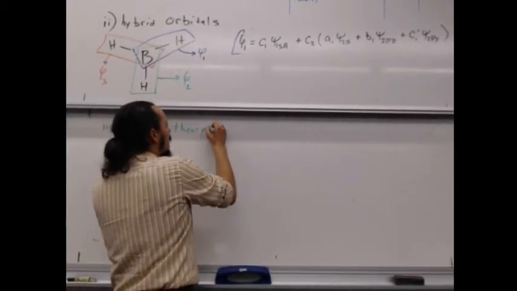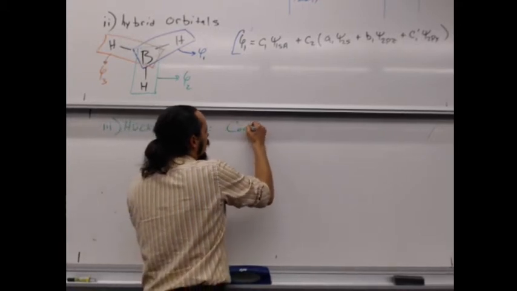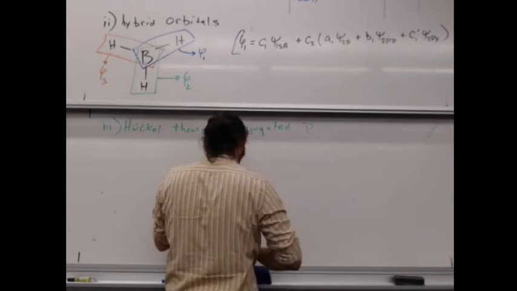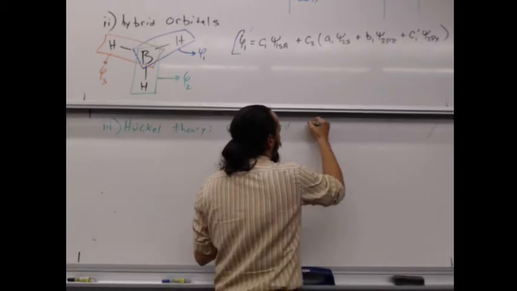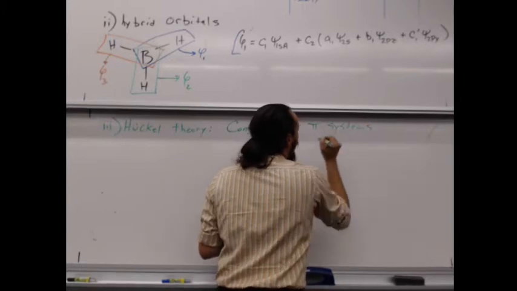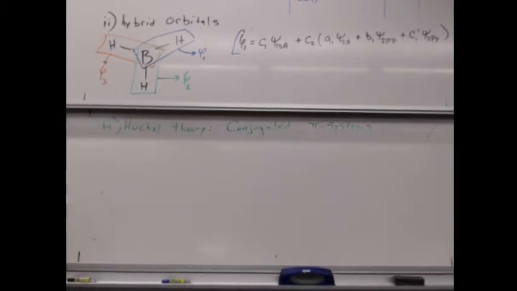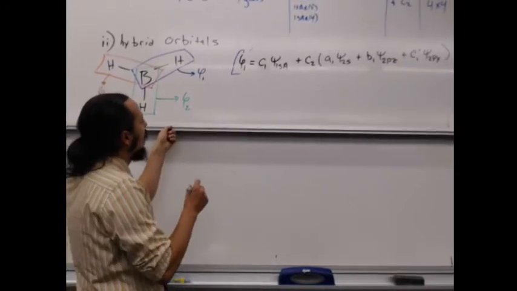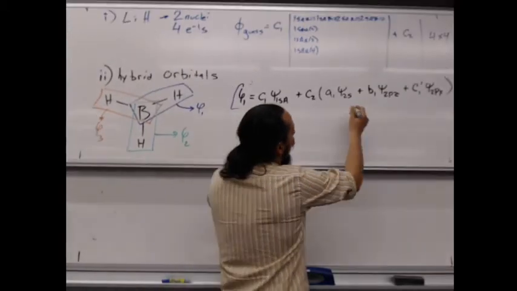It's going to be particular to conjugated pi systems, things that have double bonds, things that have hybrid orbitals right next to each other. Particularly, it's going to be really useful for these situations, these conjugated pi systems.